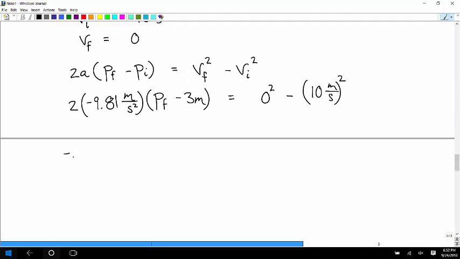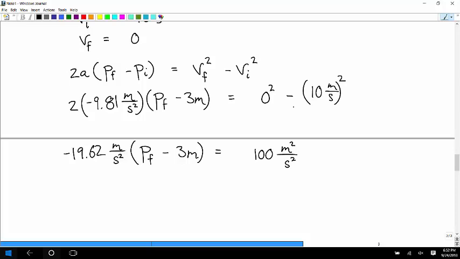So that's negative 19.62 meters per second squared times the quantity PF minus 3 meters. And that's equal to, so first we square 10 meters per second, and that gives us 100 meters squared per second squared.